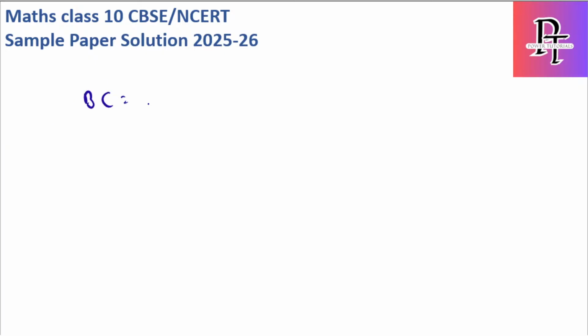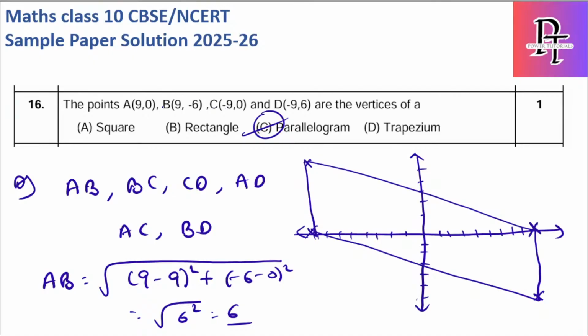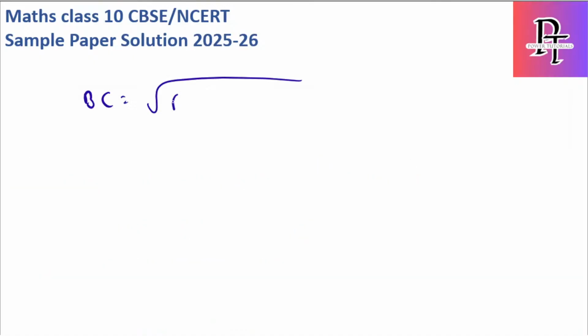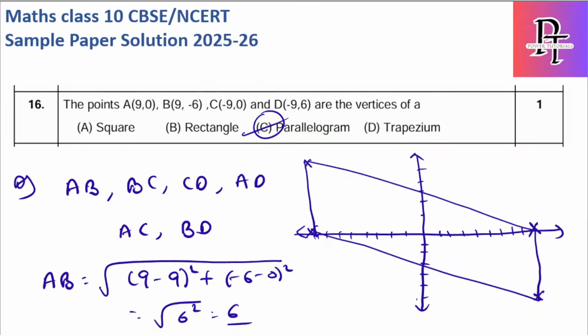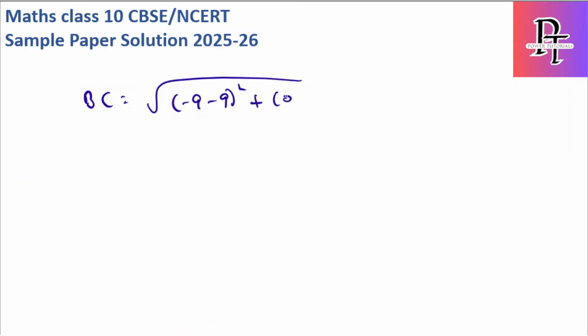I will do BC and all other sides. BC distance, root of minus 9 whole square plus 0 minus of minus, which is plus 6. So this becomes root of 18 square plus 6 square. Okay, no need to find the distance, but if they ask you in the question, then you have to find it, or else just write it as it is.